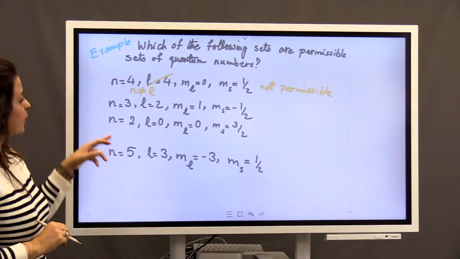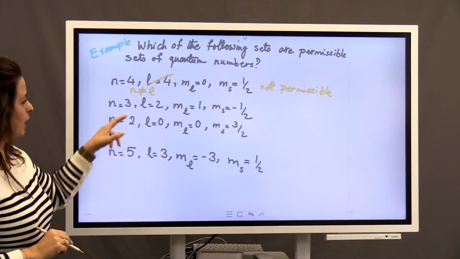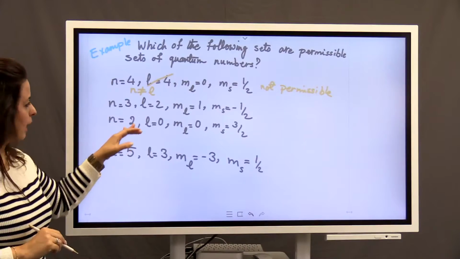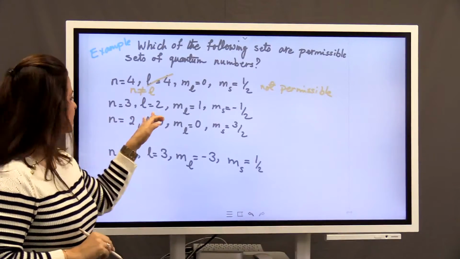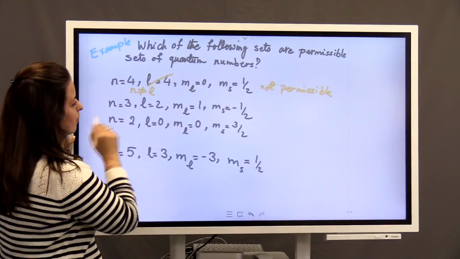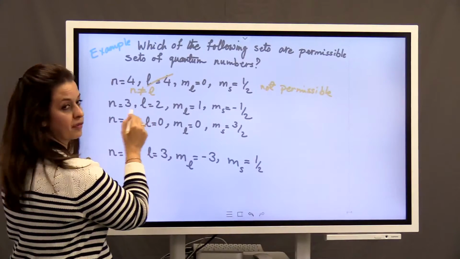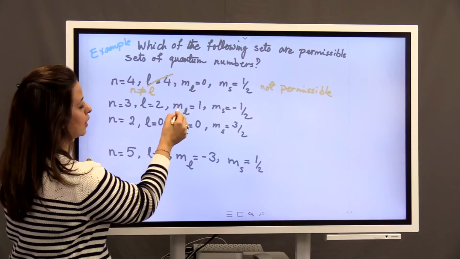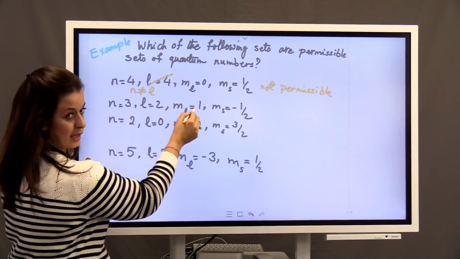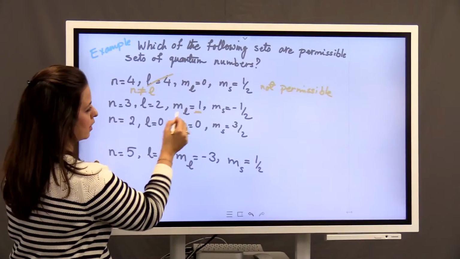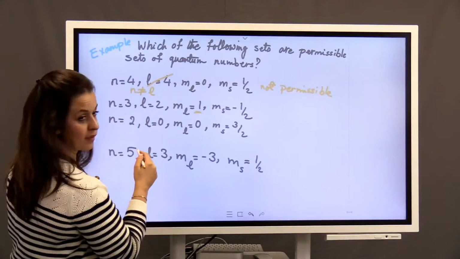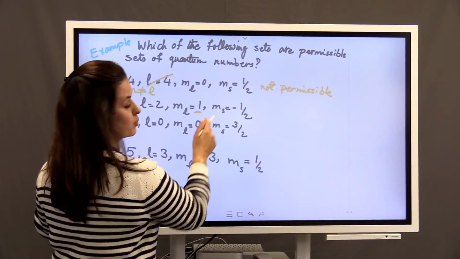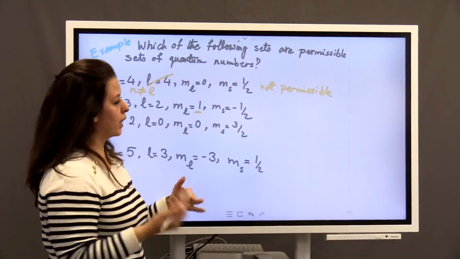Second one, when N is 3, L is 2. Yes, L can be 1 less than N. ML values, if you calculate it for L equals 2, you have different ML values, and ML of 1 is one of them, yes. And MS, we said either positive 1/2 or negative 1/2.